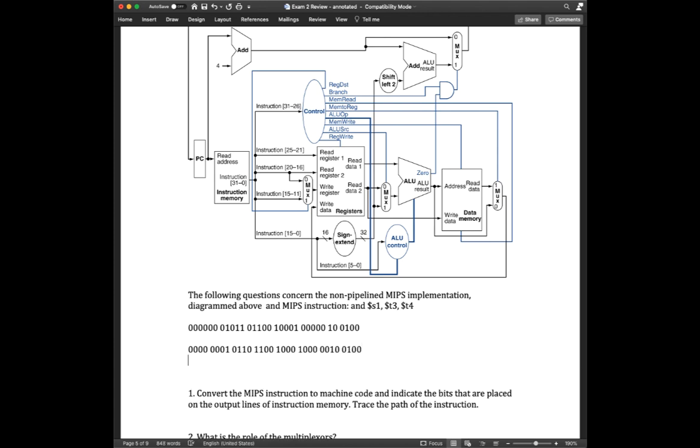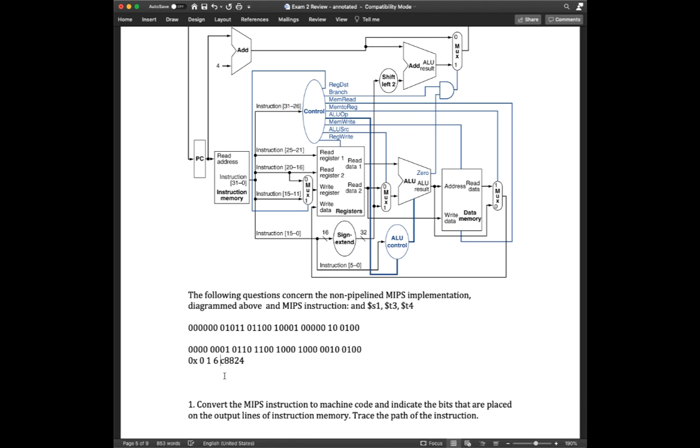All right, so that is hex 0, 1, 6, C, 8, 8, 2, 4. That is my final answer. That's my final answer, and here I'm showing how I worked it out.